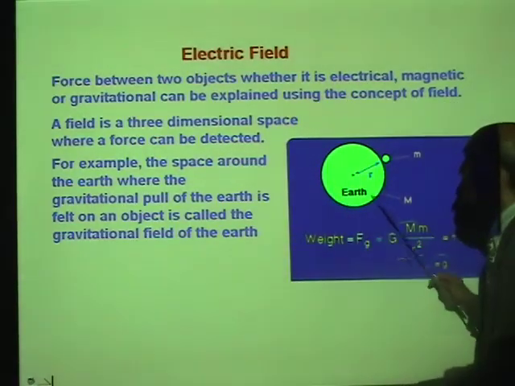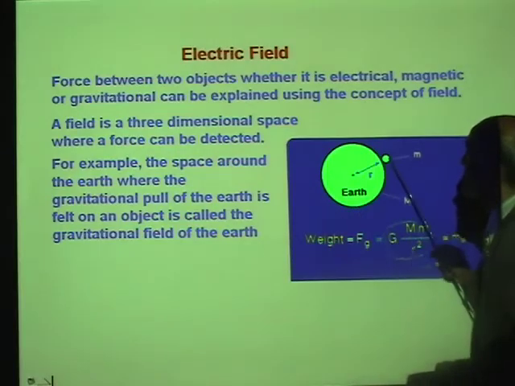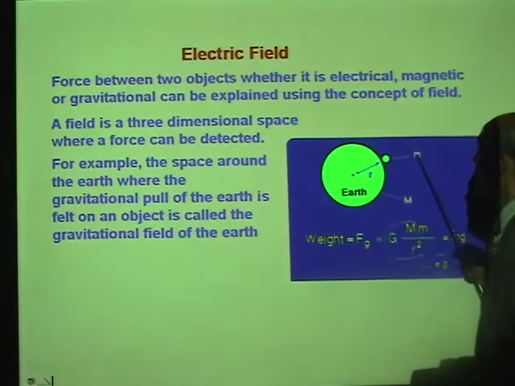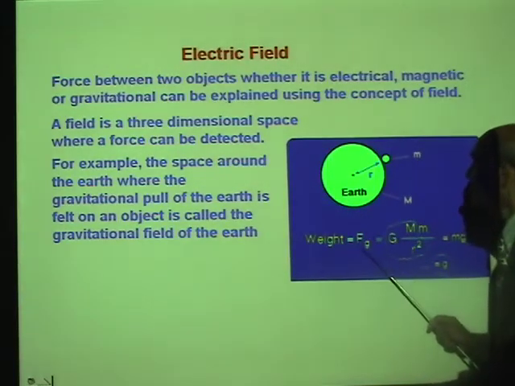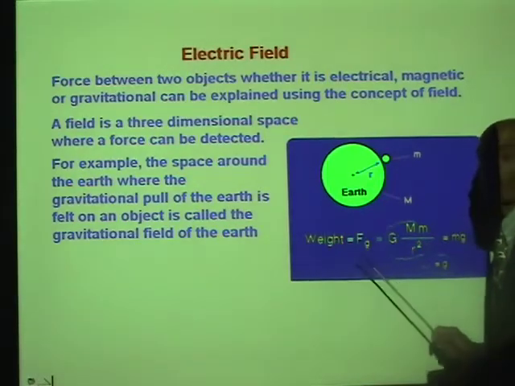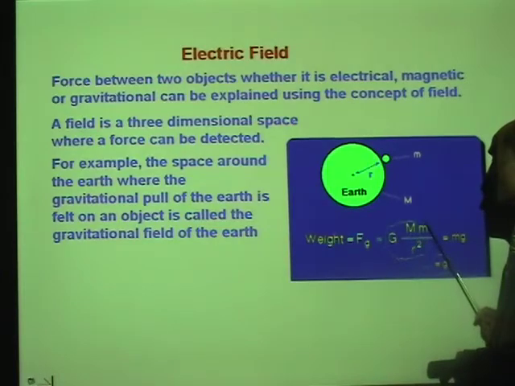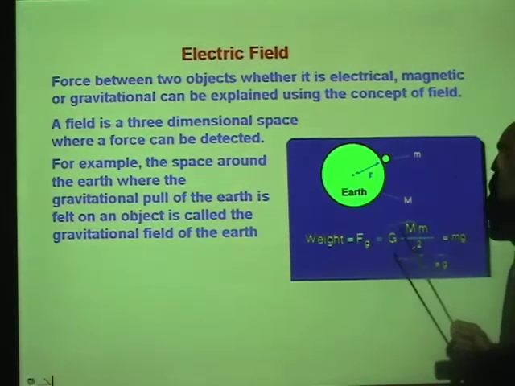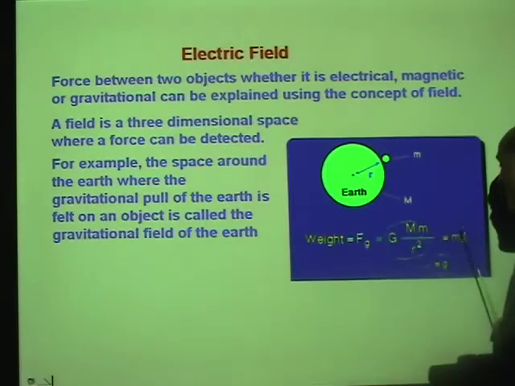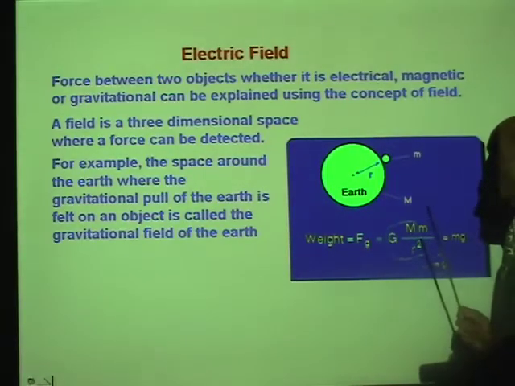The gravitational force between Earth and an object of mass m is Fg, the gravitational force, equal to G times the mass of the Earth times the mass of the object over the square of the distance between them, and we call that the weight of the object.